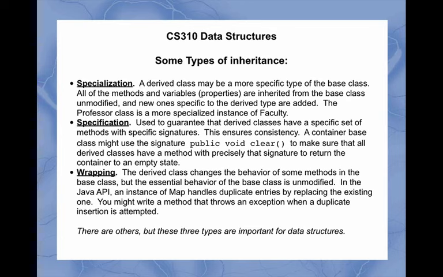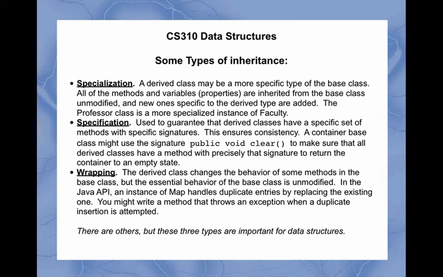The second type of inheritance is specification. This is used to guarantee that derived classes have a specific set of methods with specific signatures, and this is done to ensure consistency. As an example, a container base class might use the signature public void clear.